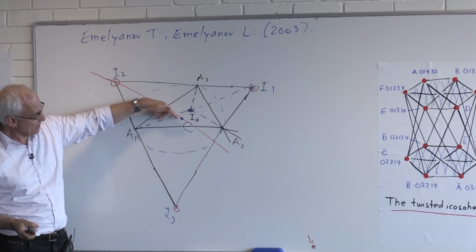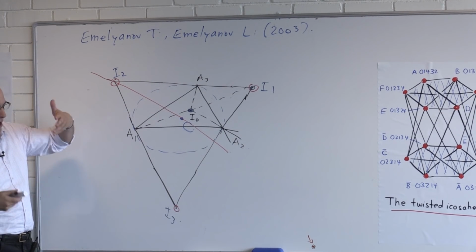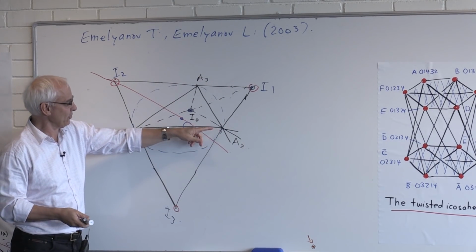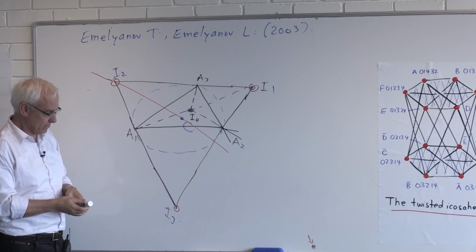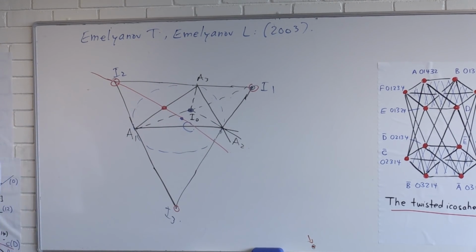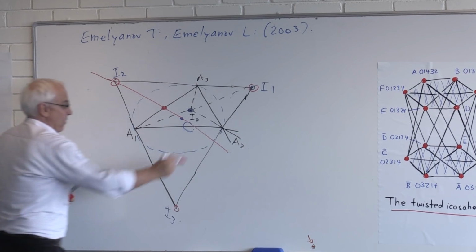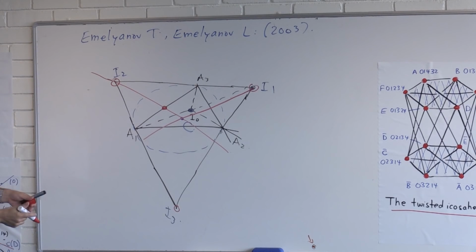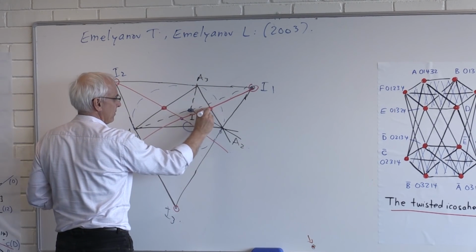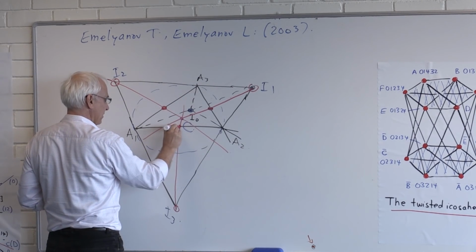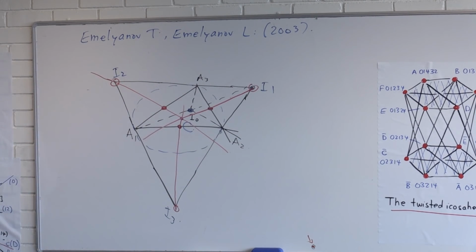Okay, so what we're going to do is take the line joining I2 and C and see where it meets the line L2, the line that corresponds to A2, which is the opposite line, which is this point here. And we'll join I1 with C and see where it meets the corresponding line, which is this one here. And we're going to join I3 with C and see where it meets the corresponding line.